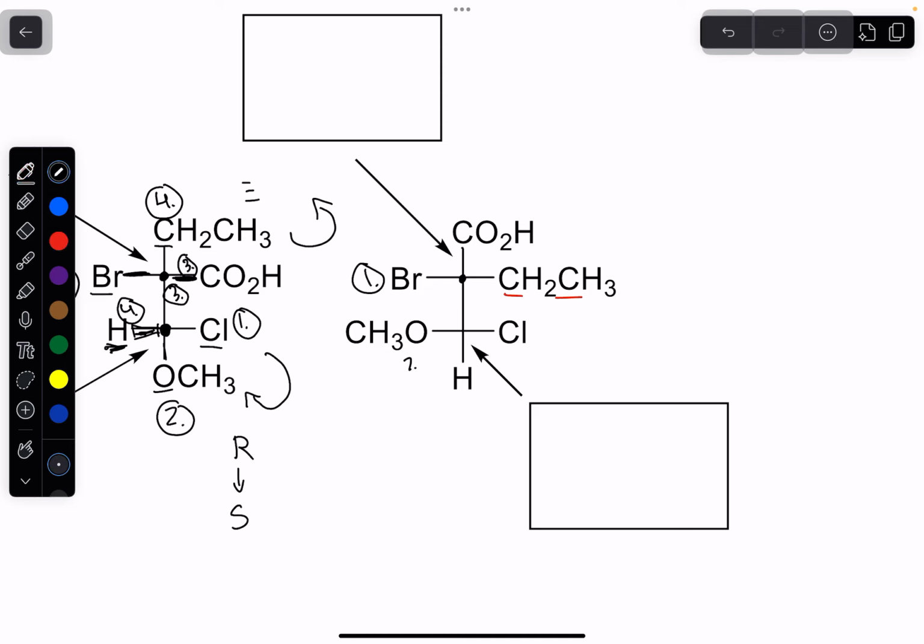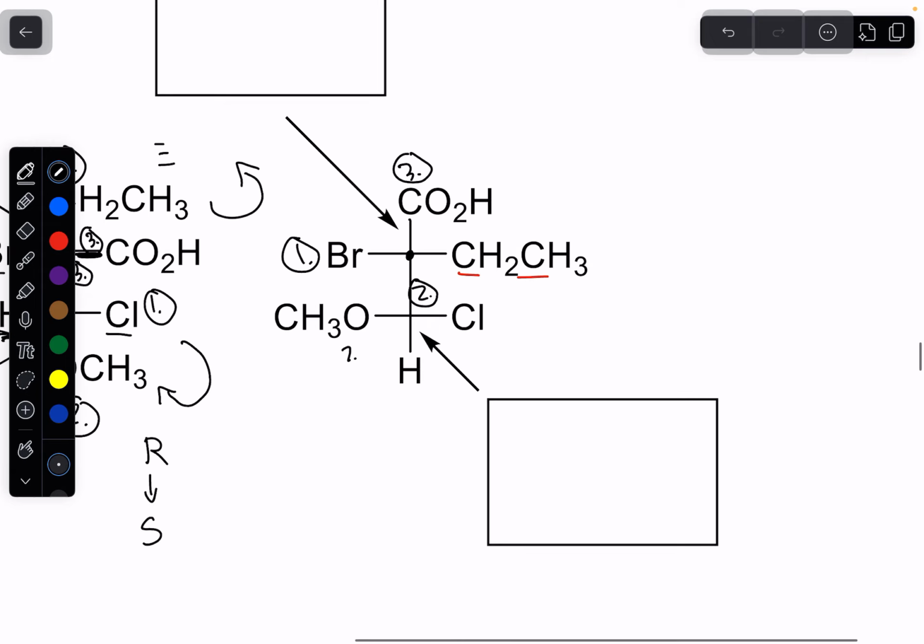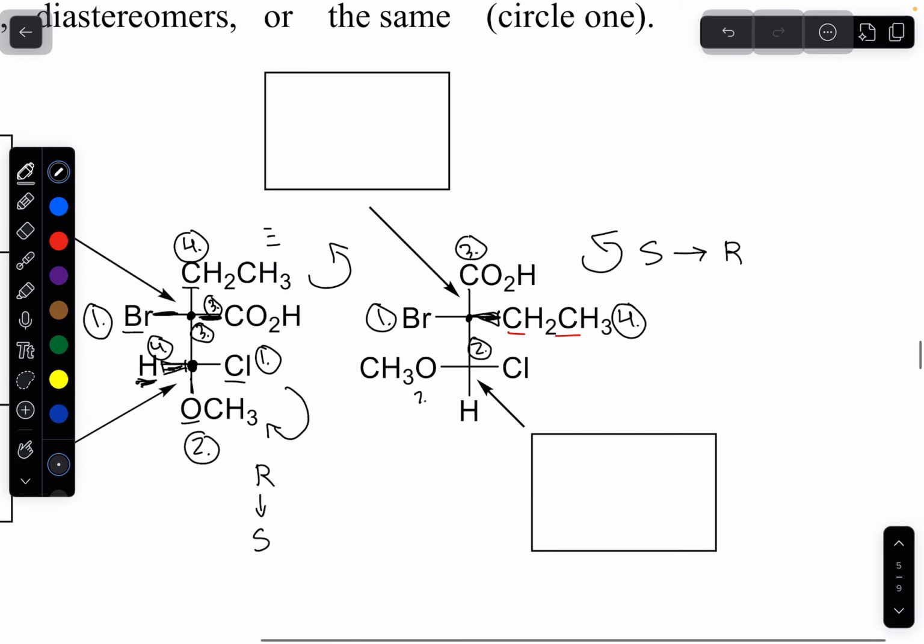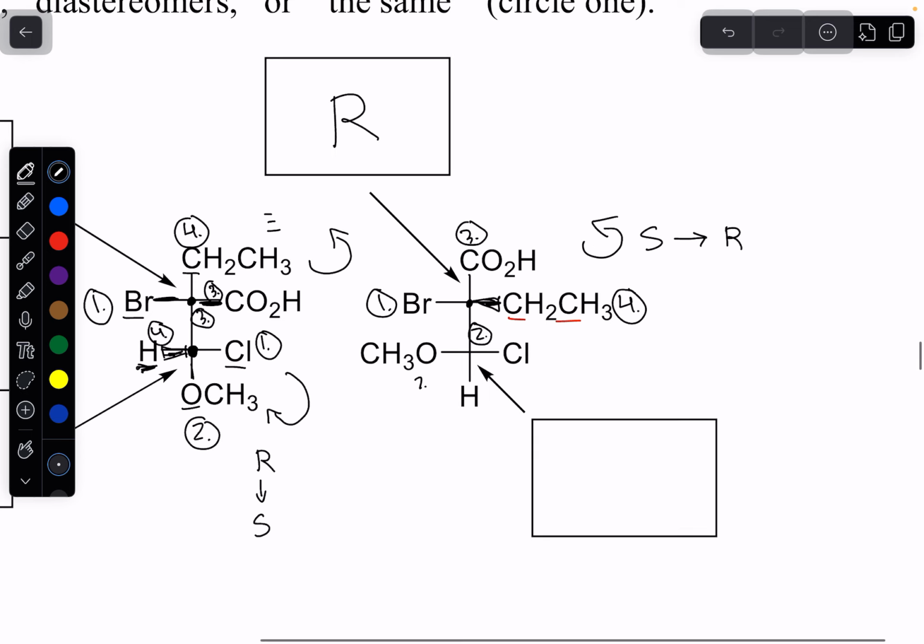And remember that Cl is greater, so that gets the number 2. Number 3 goes to this one because that carbon is attached to an oxygen instead of another carbon, and this one actually gets the 4th priority. So this is going to be 1, 2, 3, which is going S, but because the 4th priority, remember, is on a wedge, it translates to R. This is going to be R.